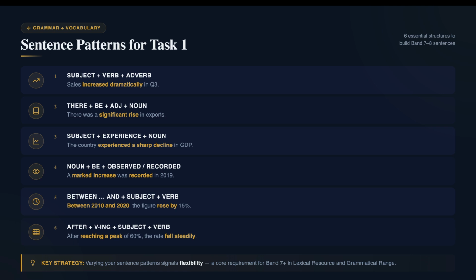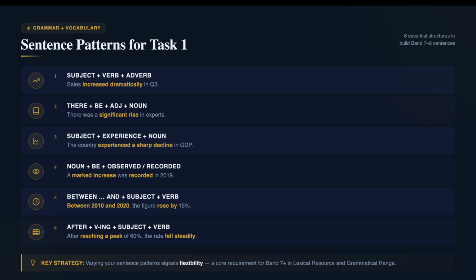Then we have was, the past tense of verb to be, and recorded, in 2019. In this case, it is a past simple passive voice. Remember, we talked about using passive voice in our writing task 1.